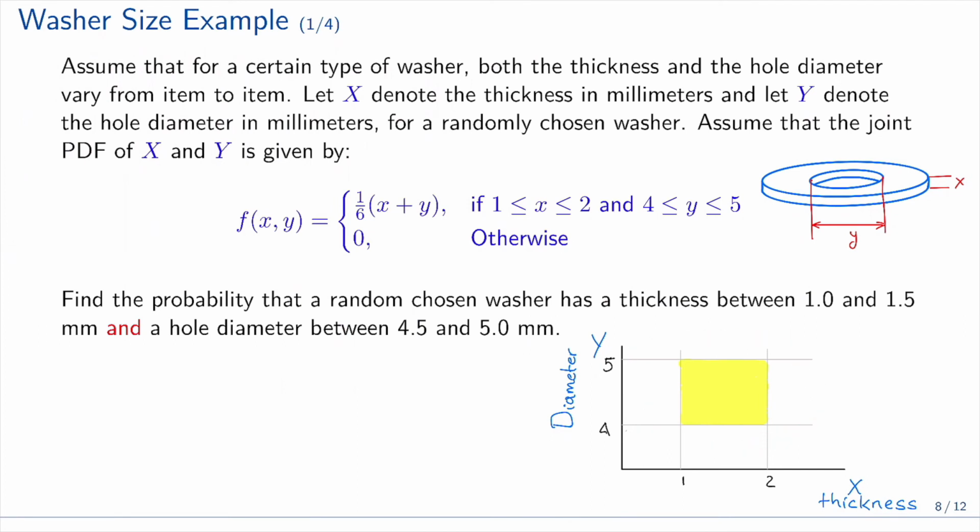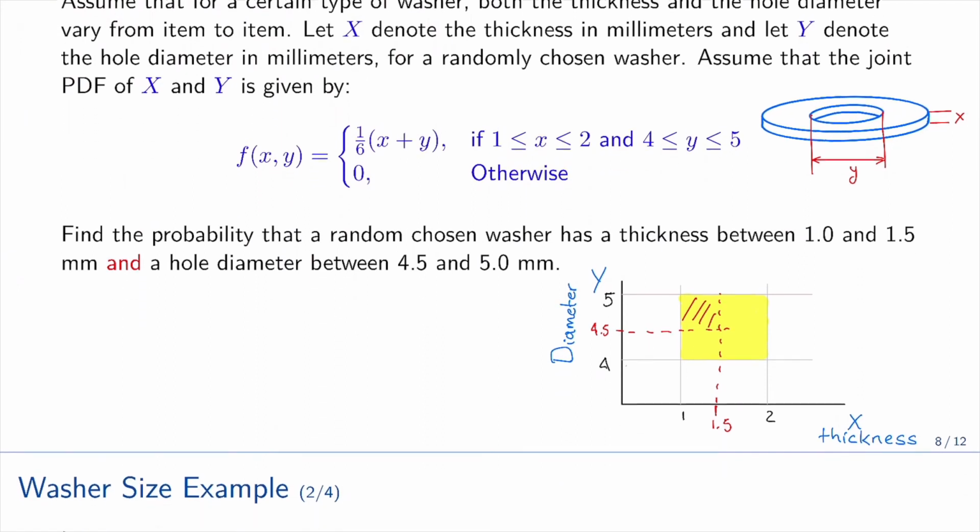So the question is, what's the probability of the thickness being between 1 and 1.5 and the diameter between 4.5 and 5? What's the probability of being in this region?